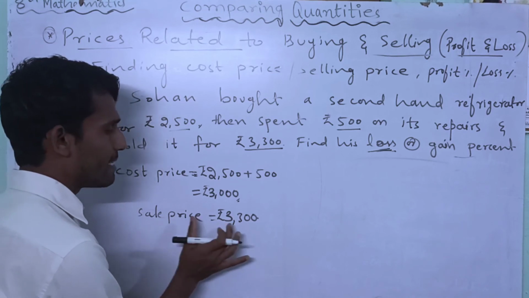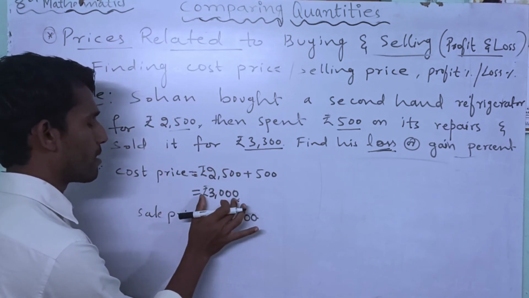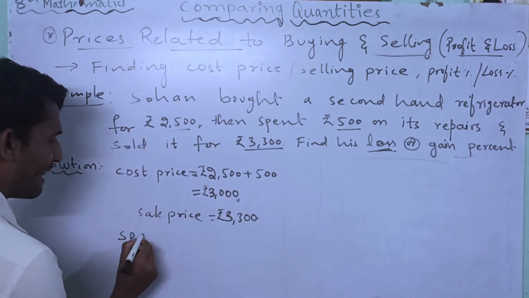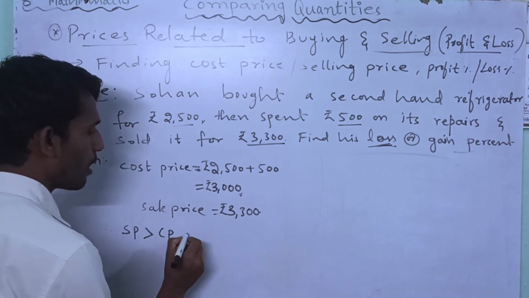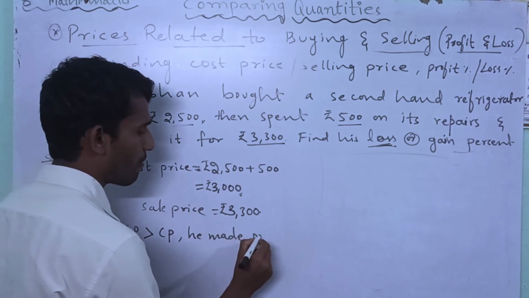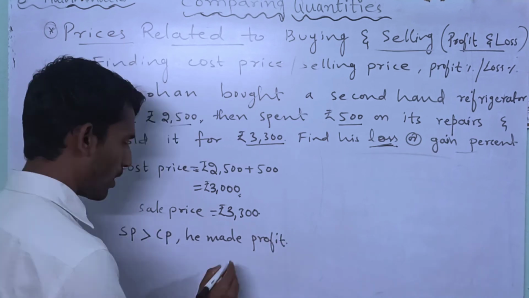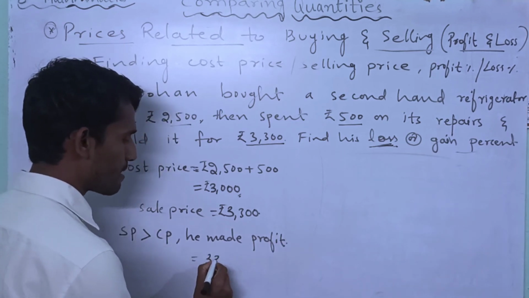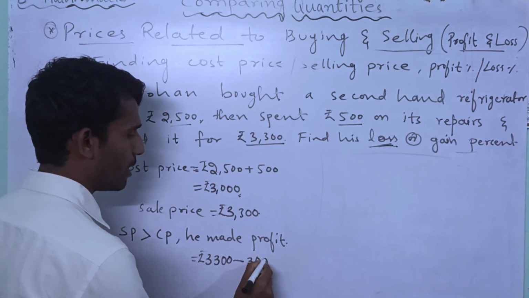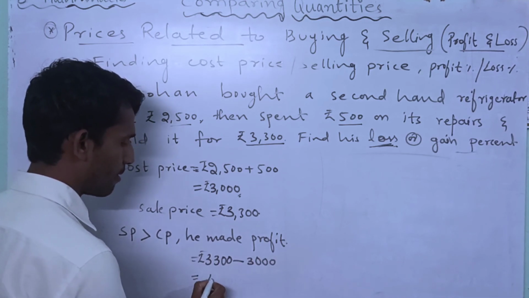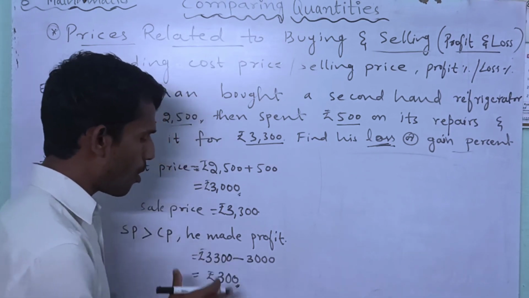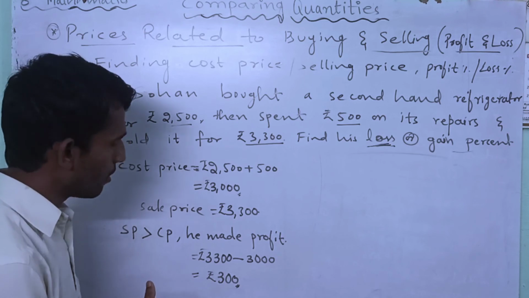Here, the selling price is greater than the cost price, so he made a profit. 3,300 minus 3,000, when you do the subtraction, you get 300 as the profit. Now we have to find how much profit on 100.